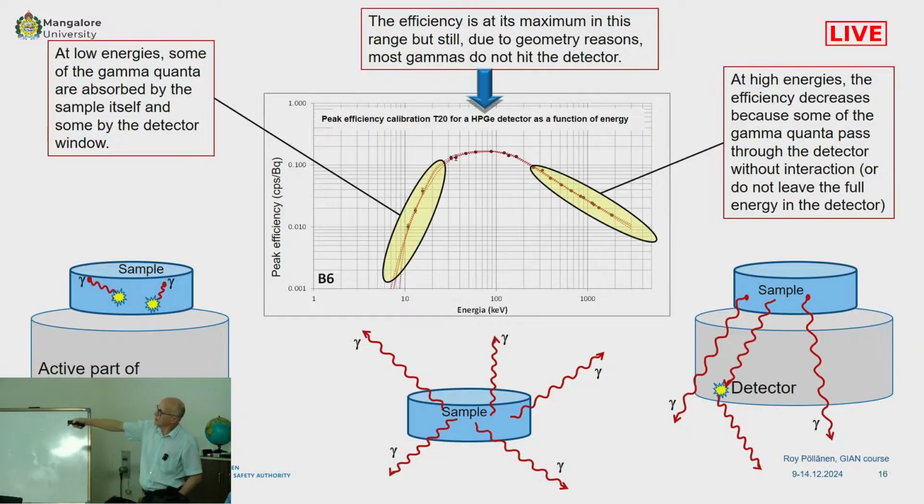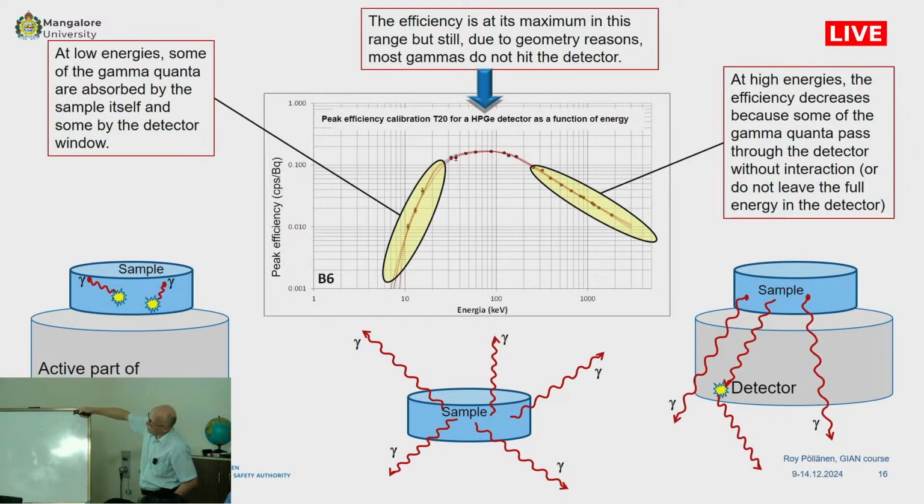All right, let's look closer at small energies. What might happen? It might happen that all the gamma interactions happen in the sample itself. It is called self-absorption. So we don't detect very many photons.